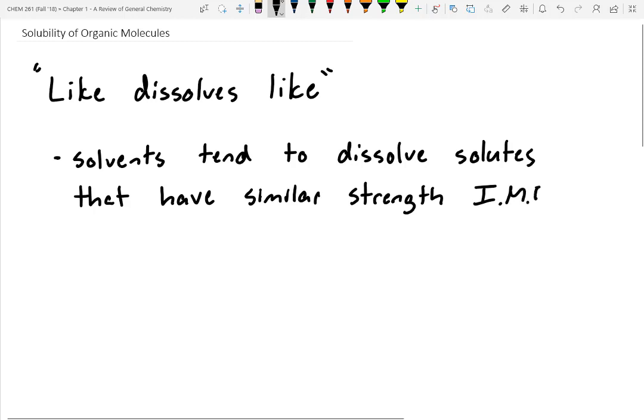If you notice, I didn't say they have to have the exact same intermolecular force. They just need to be roughly similar in strength. So a good example of this would be trying to mix oil. So petroleum-based products are some combination of carbon and hydrogen. So I'll just write CxHy. What's the intermolecular force going to be for that?